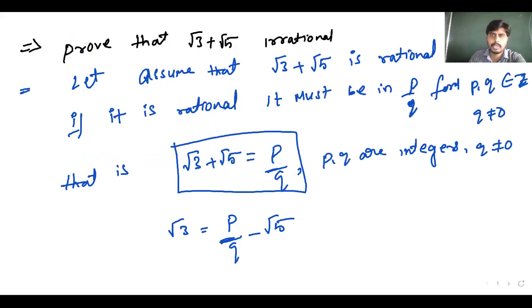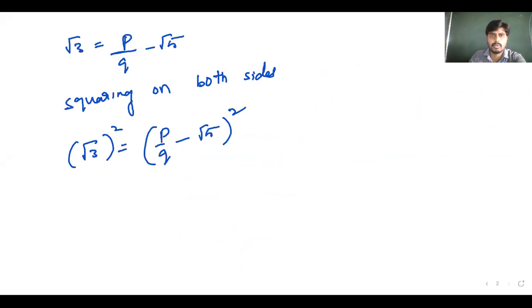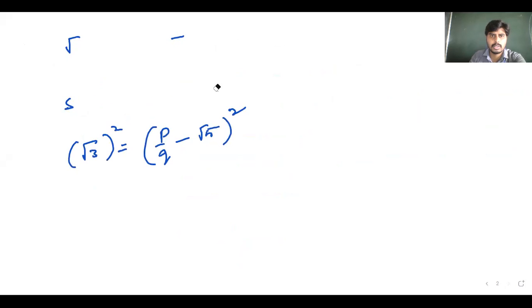Yes, no problem. You can take squaring on both sides here also, no problem. Nothing will happen. Some steps may be different. You can take root 3 plus root 5 whole square is equal to p by q whole square. We can take that only. Nothing will happen.